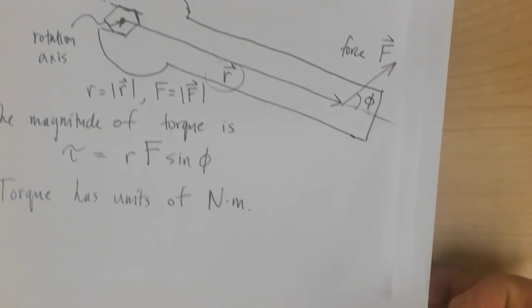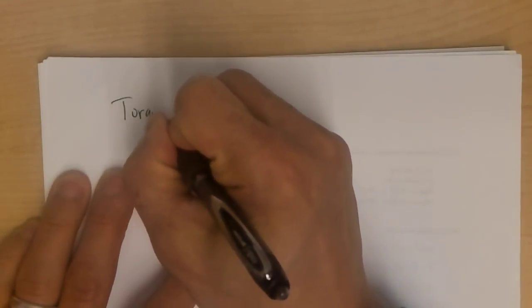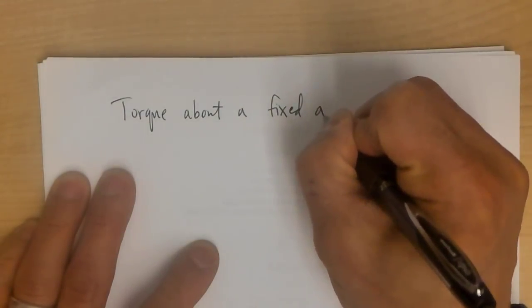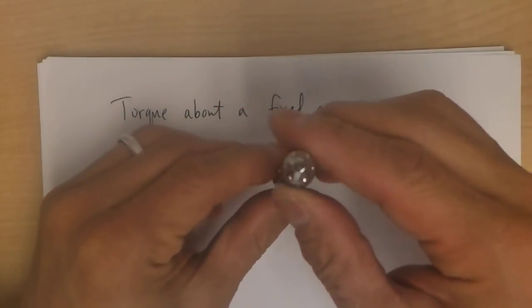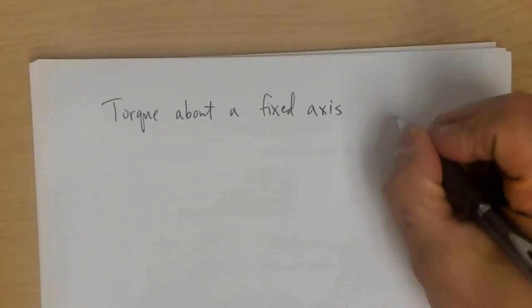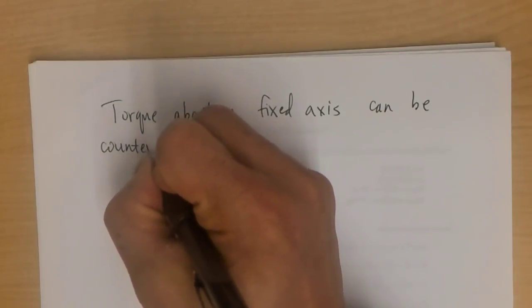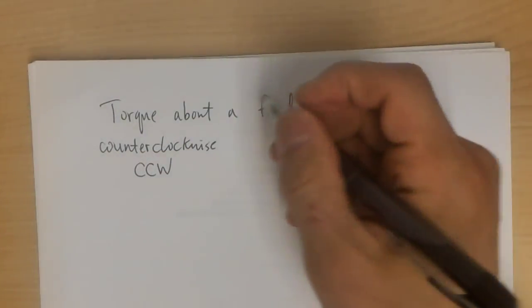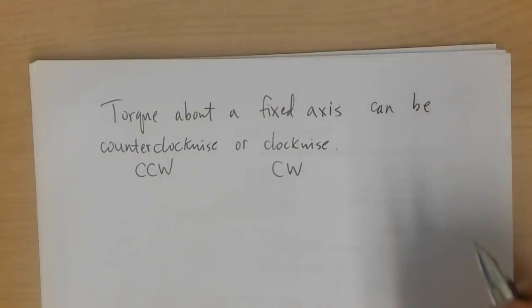Now let's talk about the direction of torque. We can have different kinds of torque. The torque about a fixed axis, as we've been doing, where there's some fixed axis around which you can rotate, can be counterclockwise, sometimes written as CCW, or clockwise, which is CW.